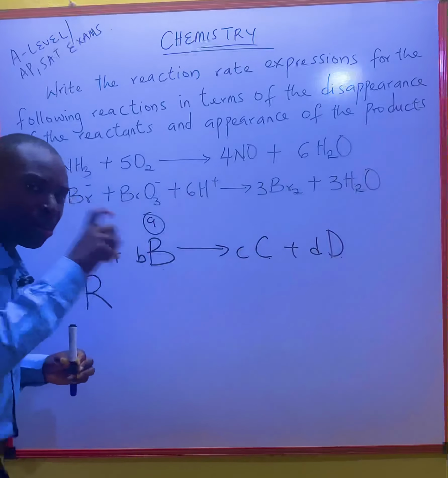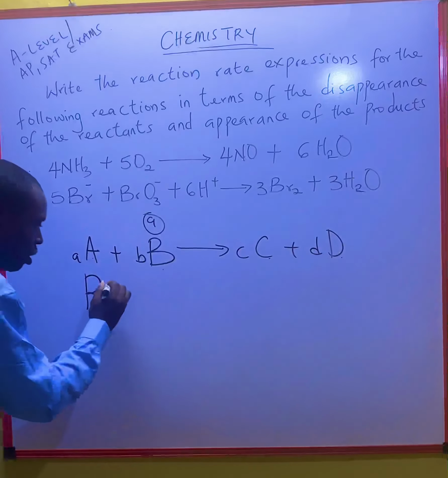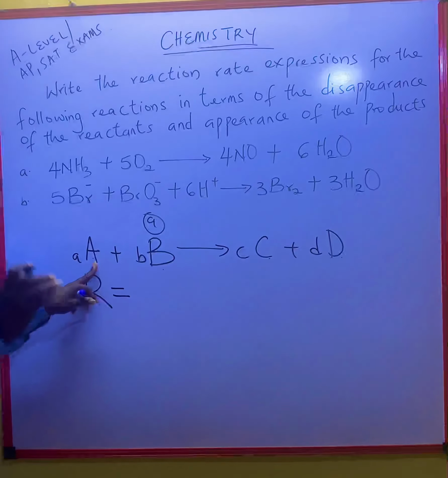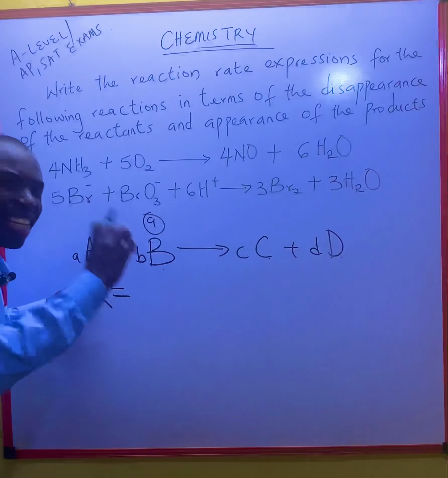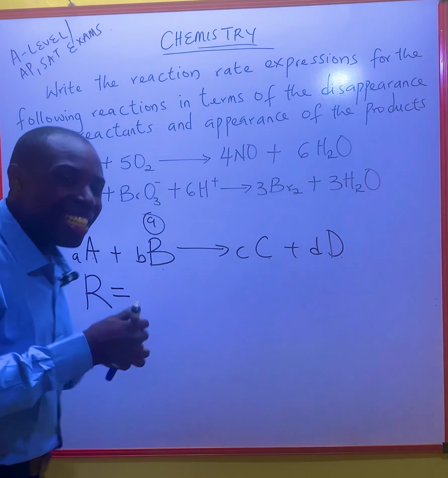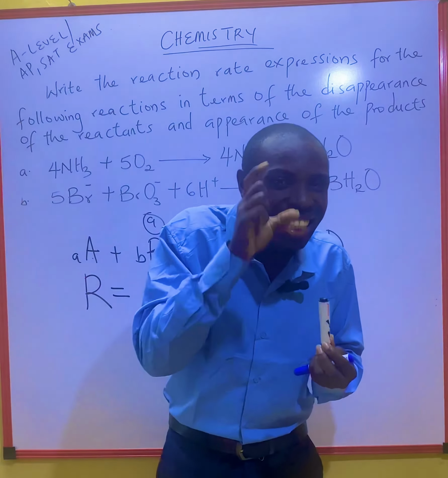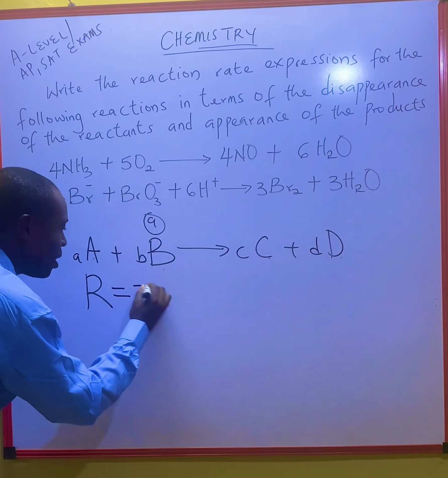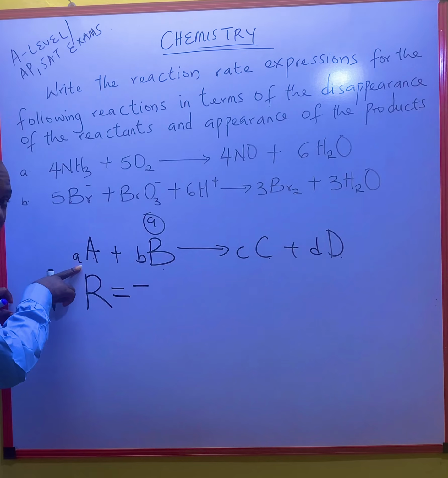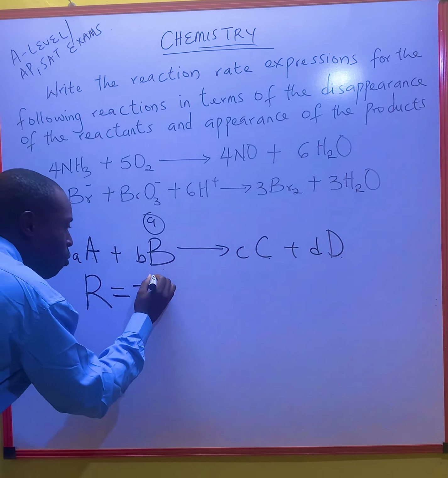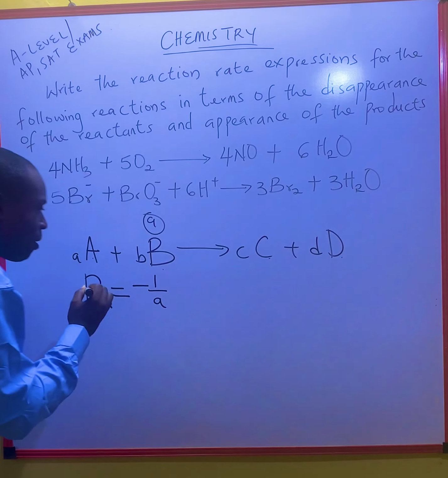Take note, rate is now equal to A. Whenever your reactants are consumed or they are disappearing, they take negative signs. So negative, and this coefficient simply means 1 over the coefficient, which is 1 over a.